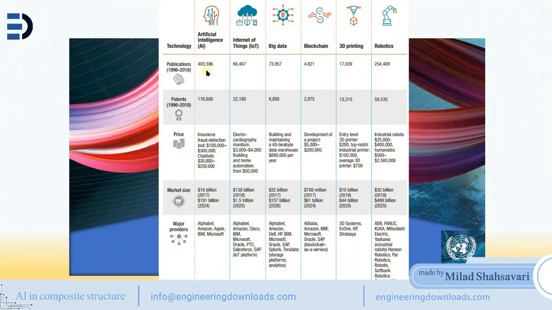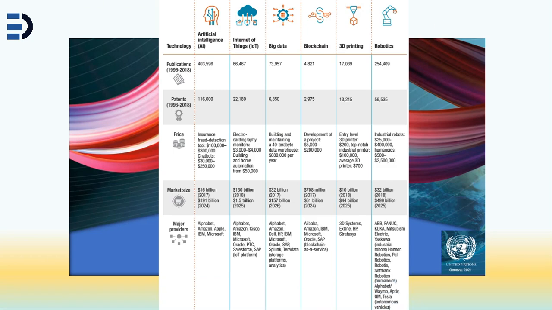For example, the number of published articles, registered patents, the amount of investment in the field, and the market size across different AI sectors. This topic acts like a bright spotlight, revealing the significance of artificial intelligence and showing that professionals in the engineering field must inevitably enter this domain because it has become a professional necessity.